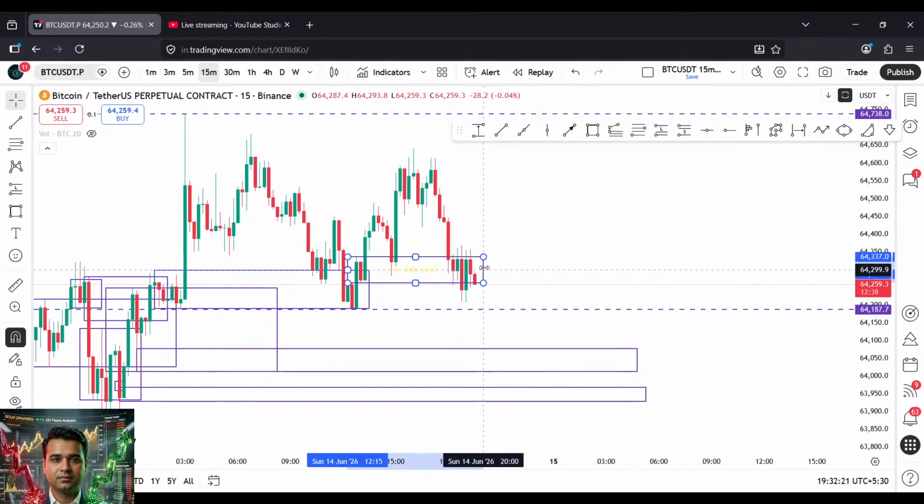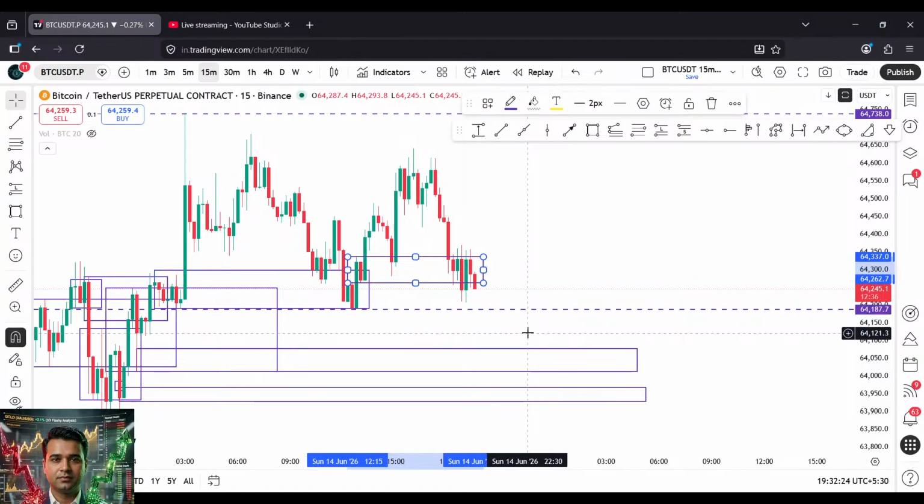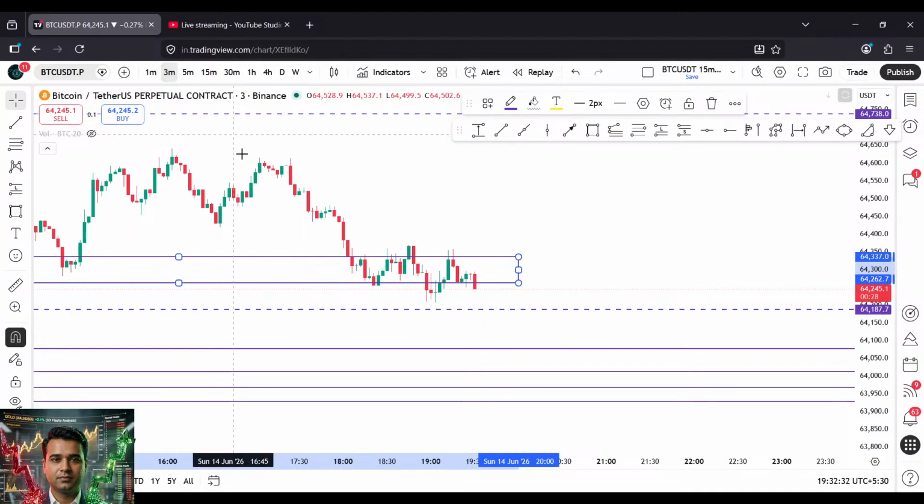So what is price doing? Price is coming down. And price did react from this zone, this LSK on the lower time frame. Let's go to the 3 minutes time frame.